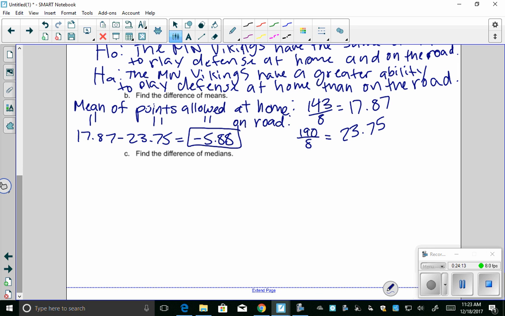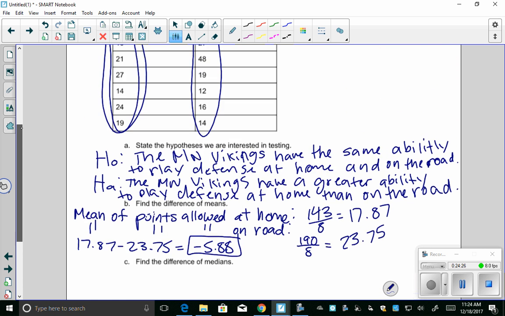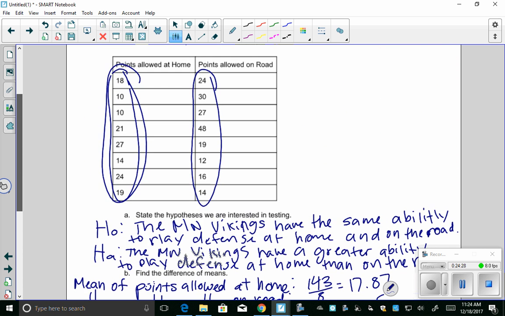When it's asked for the difference of medians, you're going to do the same thing, except instead of using mean, you're going to use median. Okay? So to do medians, what's my first step? Veronica knows this one.